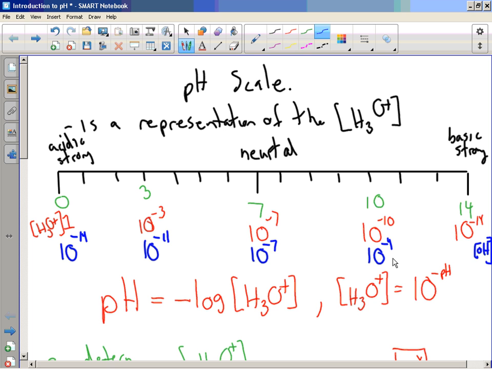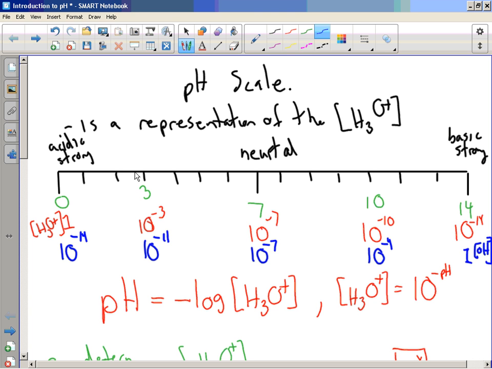So when we go to the base side, now the base begins to dominate and the H3O plus goes down. Okay? And over here, how much base am I going to have? 1, which is the same as 10 to the 0.